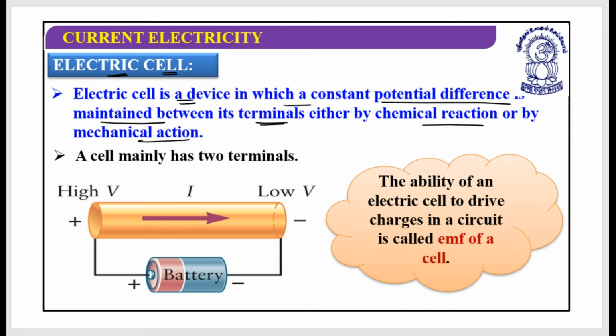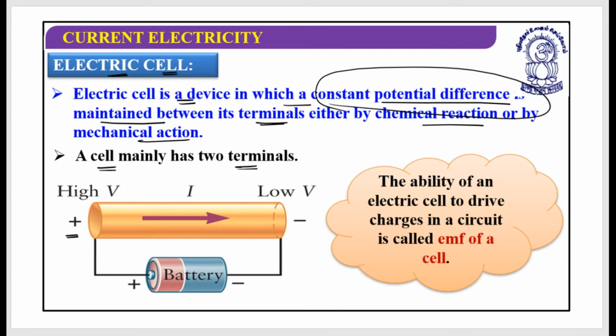What primarily we know about the cell is that, let's suppose this is the structure of an electric cell. We develop a constant potential difference in it somehow, so that it can do some work. A cell mainly has two terminals.